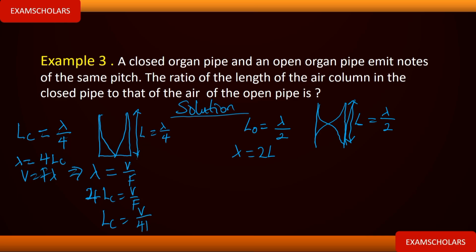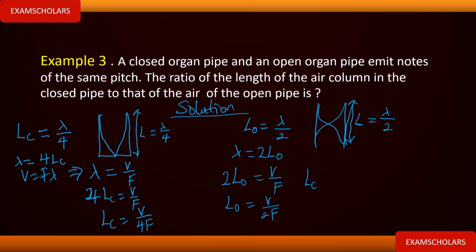V over 4F. Just divide both sides by 4. Come over here as well. For this one, this is L open. So you are going to have 2L open, which is lambda, equal to V over F. Now you have L open is equal to V over 2F.